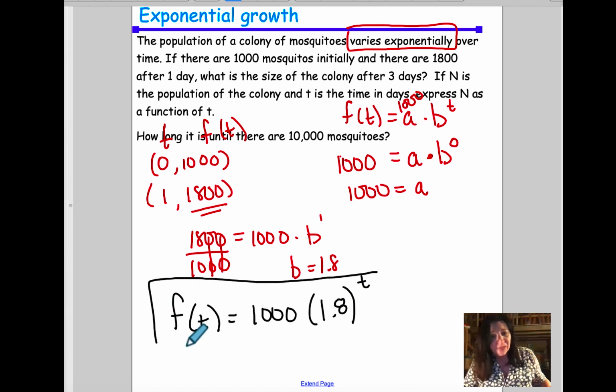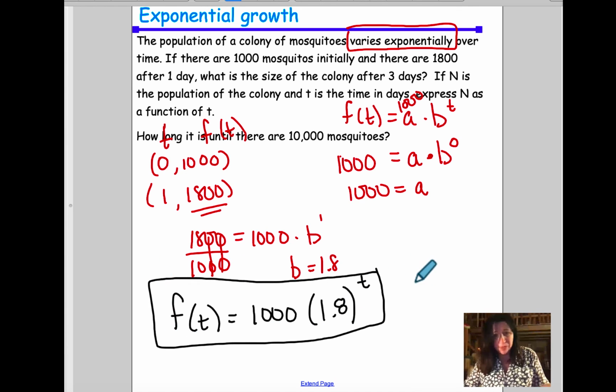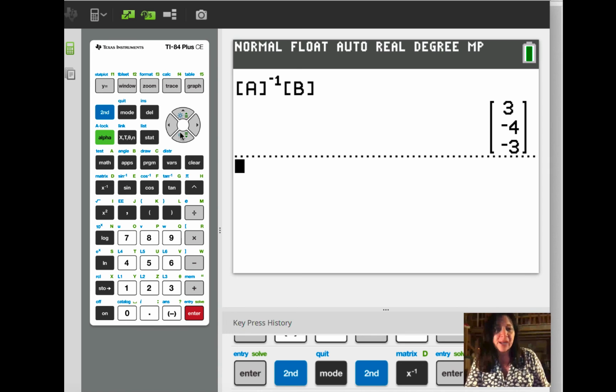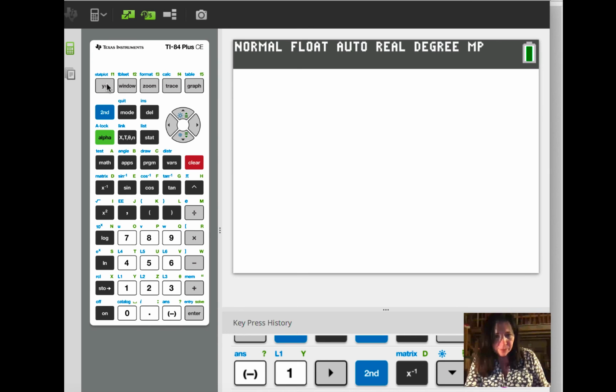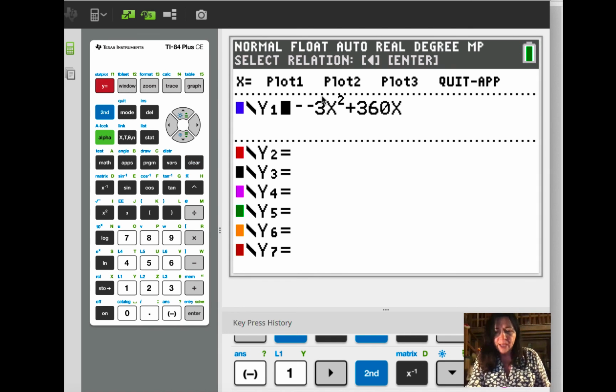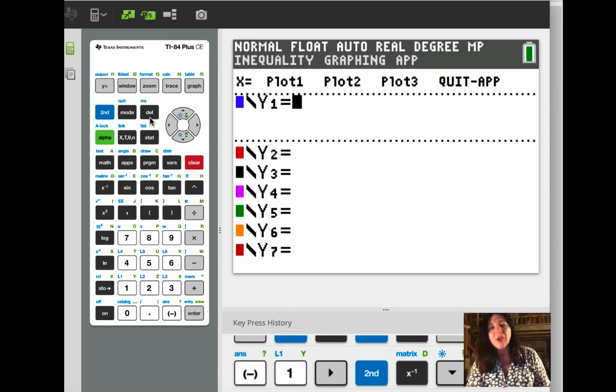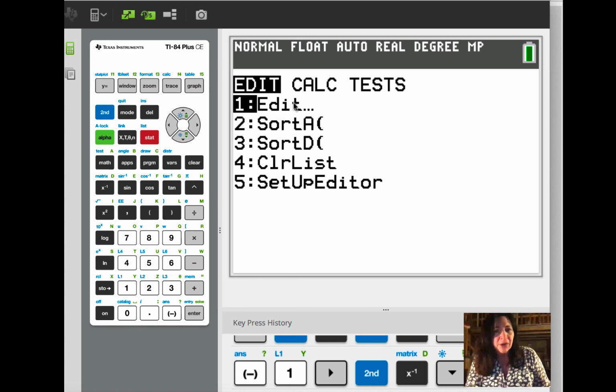And so this isn't that hard to come up with the equation by hand, of course, right? What do we have? 0, 1,000, and we had 1, 1,800. So it just depends on the calculator I want to use. I can go clear this. I'm not going to go to y equals. I'm going to go to stat, then edit.